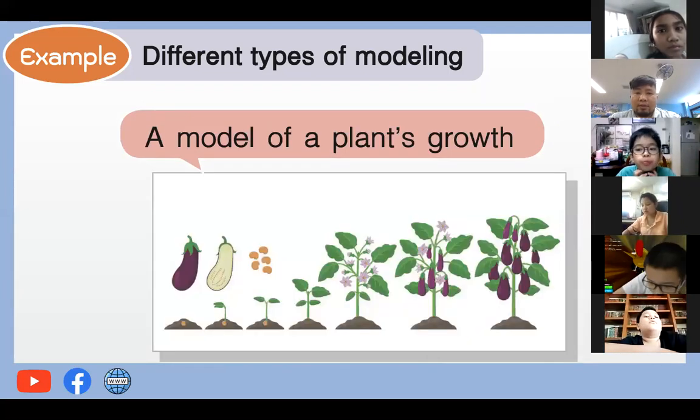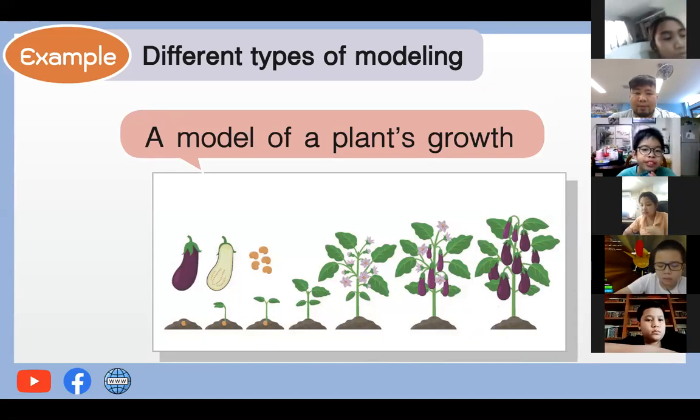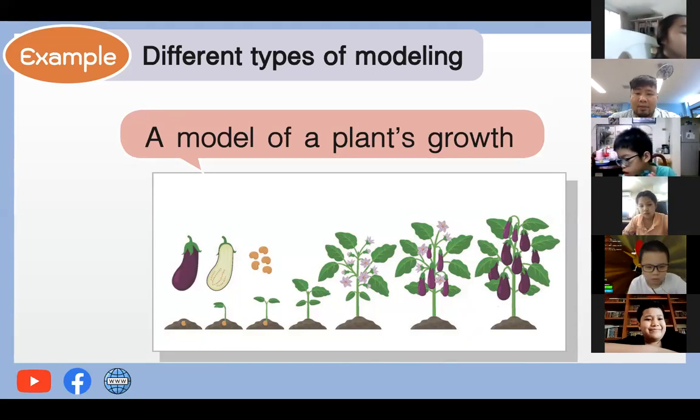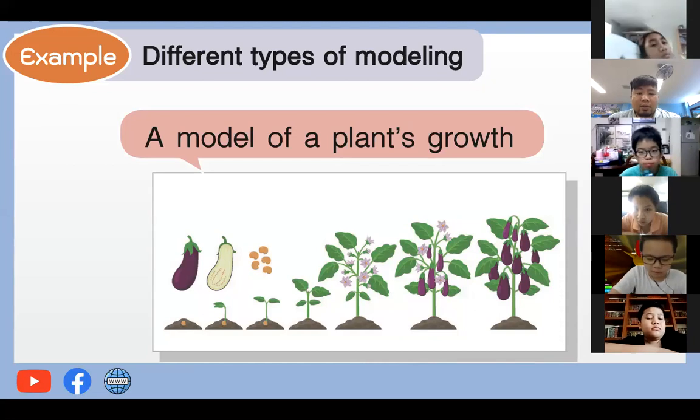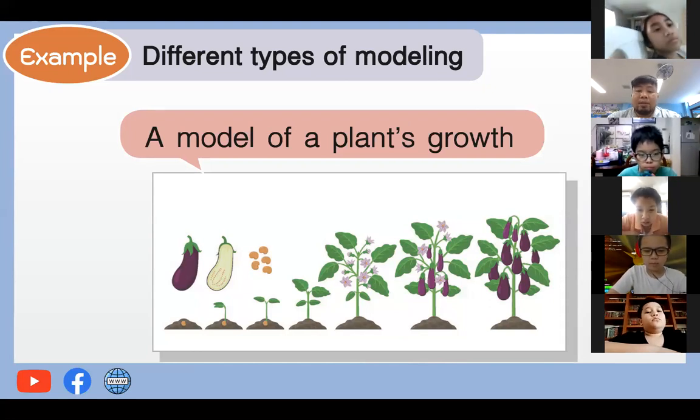Also, a model of plant growth from a vegetable, eggplant, getting all the seeds, and you plant it in the soil, loam soil, and then there's a sprout coming out from the seed, and then it grows bigger, and then it produces again the same kind of fruit or vegetable.